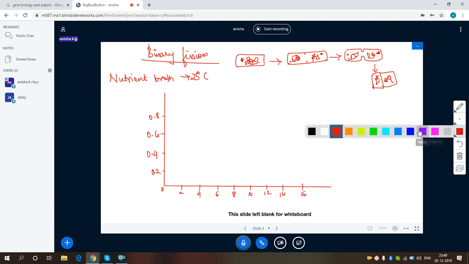So what they have marked is a point 0, right? According to the table, 0 is at 0. Then 0.5, so it will come somewhere here. Okay, they have marked this one.